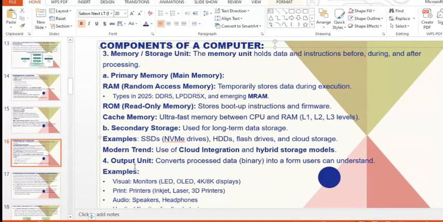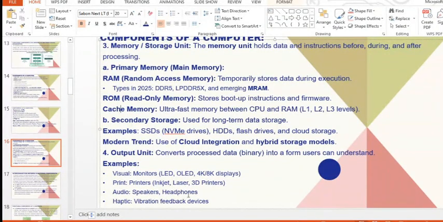Of course, you have the output units, which are able to convert the processed data, the binary, into a form users can understand. An example, we can talk about the visual, the monitors, the printers, the audio speakers, and the headphones.